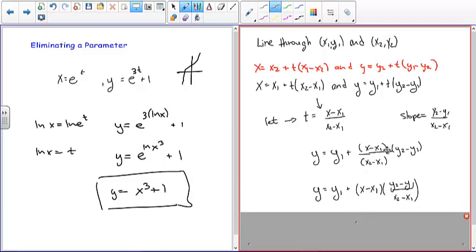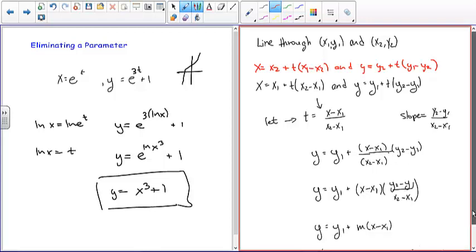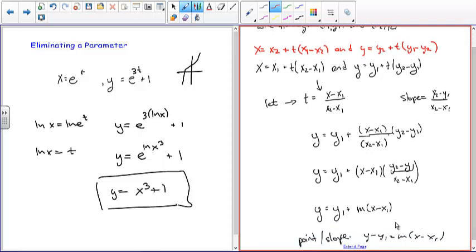So I'm just grouping these two together, making the denominator go with that factor instead. At that point, you can replace it with the slope, and you get that. If I move this to the left-hand side, I come up with the point slope form of the linear equation.